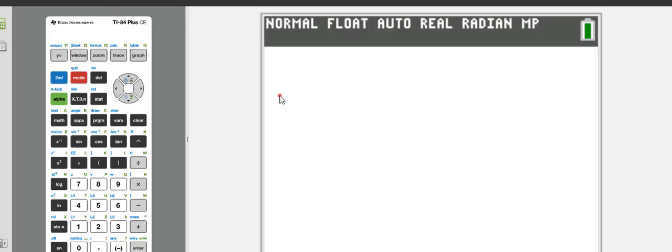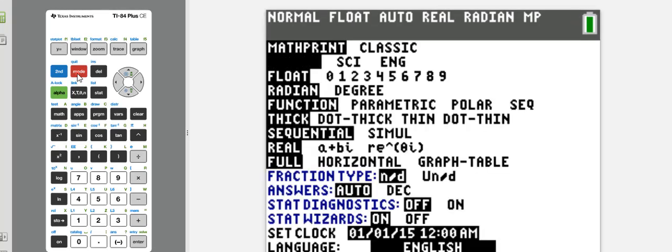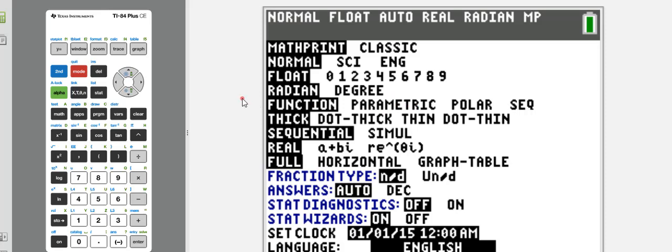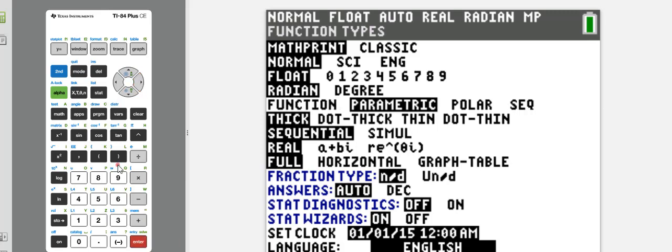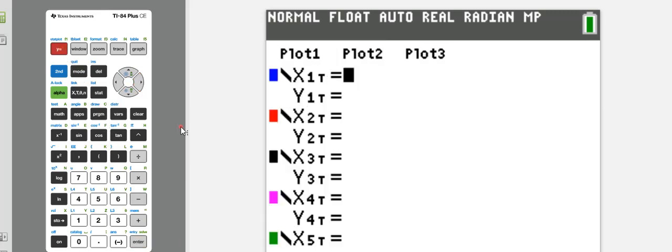So in order to graph parametric, what you need to do now is press mode, and instead of function, you need to go to parametric. Press enter, and then go to y equals.